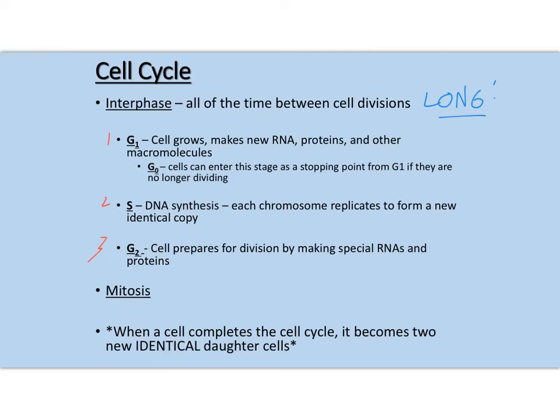Now, from G1, a cell can also enter something called G0, or sometimes called the G0 stage. G0 is a way for a cell to just sort of stay stagnant. A lot of times people think of G0 as a cell being dormant. That's not a good word, because a G0 cell is still very active. It's doing what it's supposed to do.